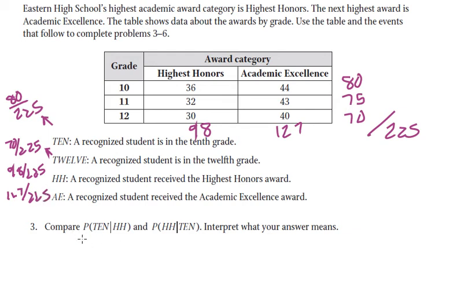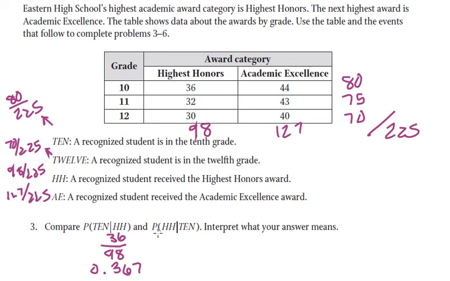So this is the probability that they are in 10th grade given they have the highest honors. So there are only 98 people of whom it could be the highest honors. So the 10th graders of that are 36. So that's going to be 36 out of 98, and that's going to give us about 0.367.